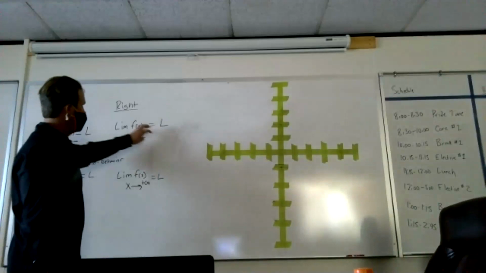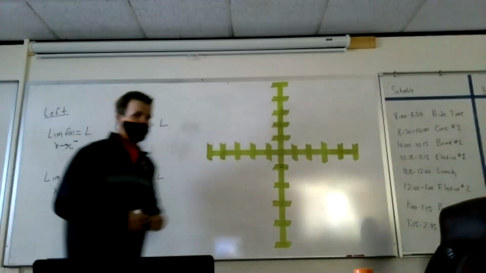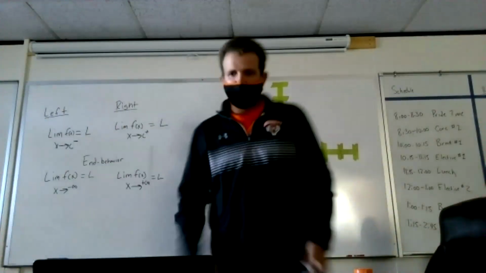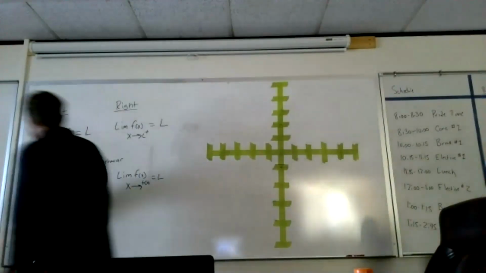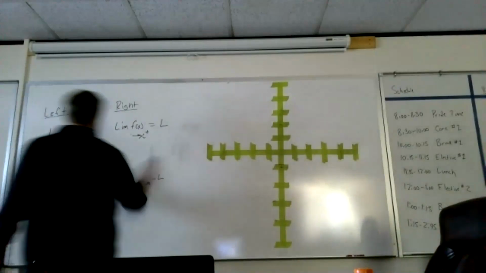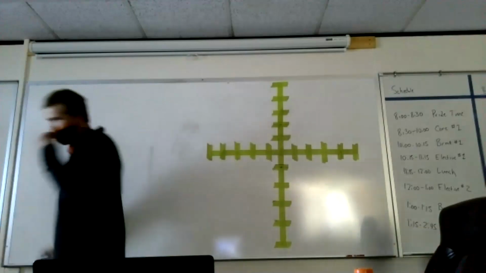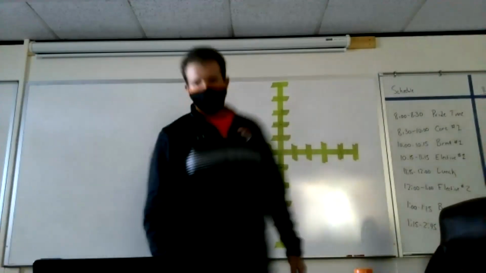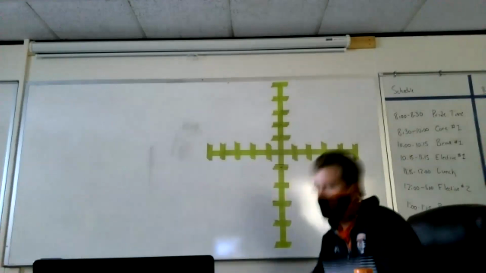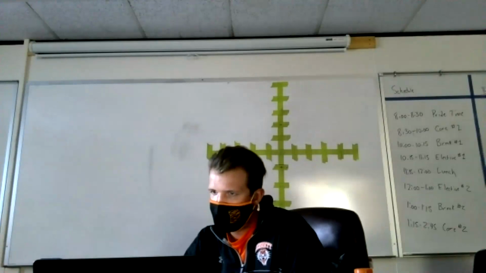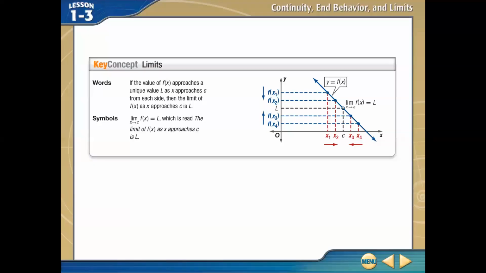L would be the output of f of x when we are plugging C in. Okay, so important symbols to understand because they are vital when you're talking about the continuity test. Because one of the steps of the continuity test is, does the limit exist? And the way we prove it is we approach it from the left and from the right. So those are limits.